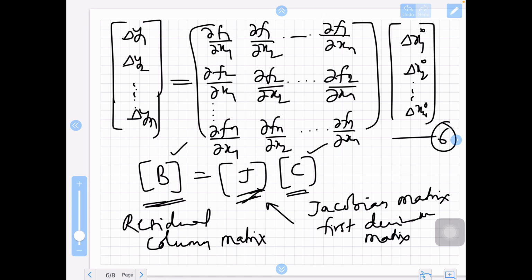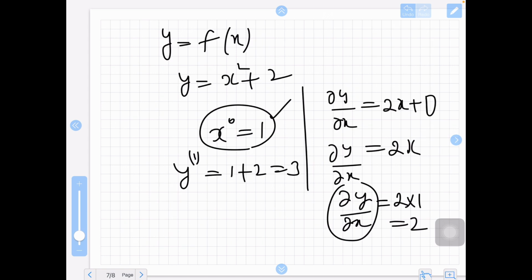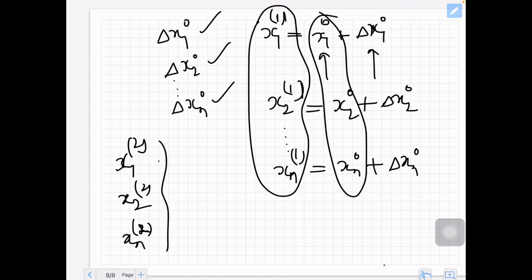If this condition is satisfied, then we will stop the iteration process, and whatever the solution we have at the end, as it satisfies the condition, gives the finalized values of the unknown variables. This is how we can find the unknown variables in the iterative procedure using the NR method.